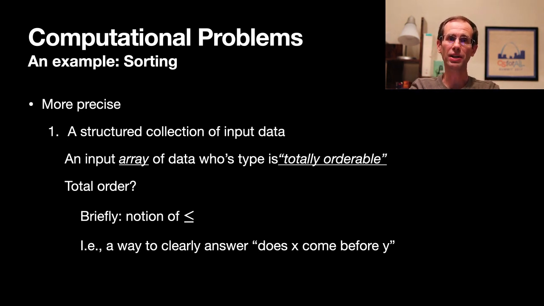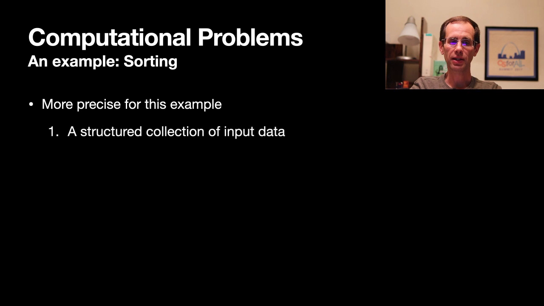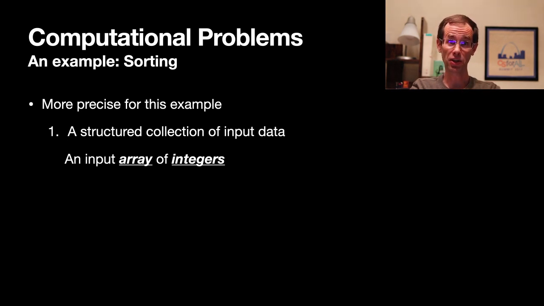For any two elements, we can determine if one of them comes before the other one. So there's some clear way to answer the question, does X come before Y? Okay, so let's be even more precise in our problem definition. Our structured collection of input data is an input array of integers.